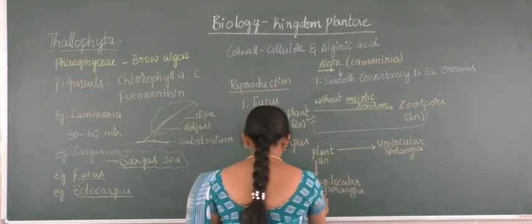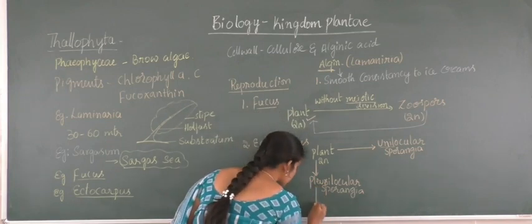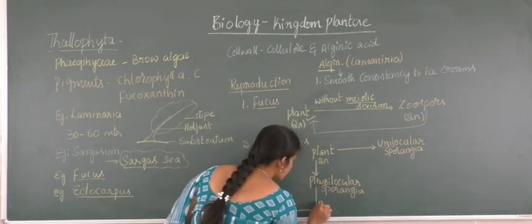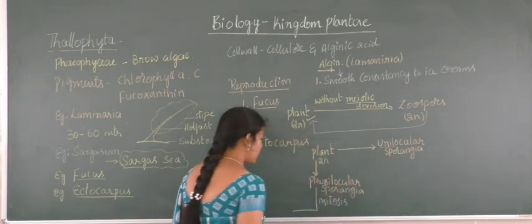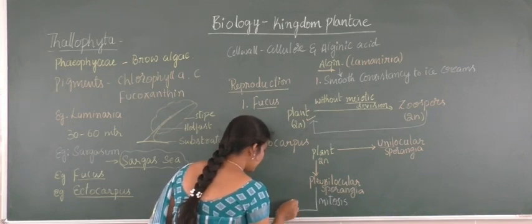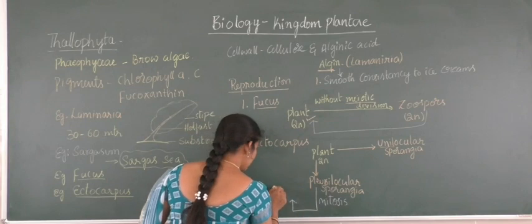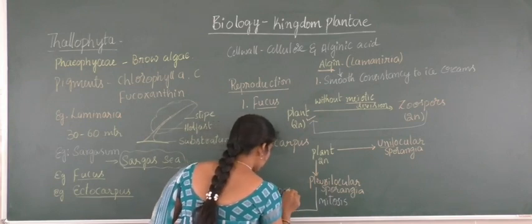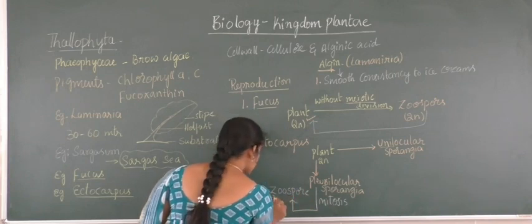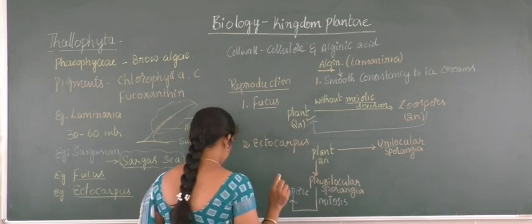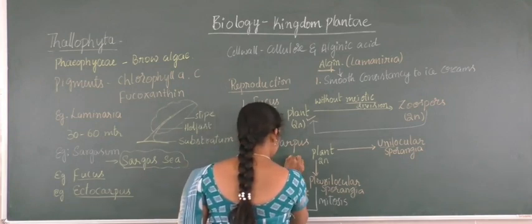Here the plurilocular sporangia undergoes mitosis, an equational division. Later, by the end of mitotic division, the zoospores are formed, which will also be 2n in condition. And again, these zoospores will develop into a new plant body.